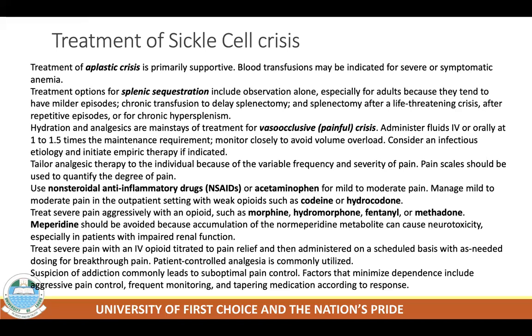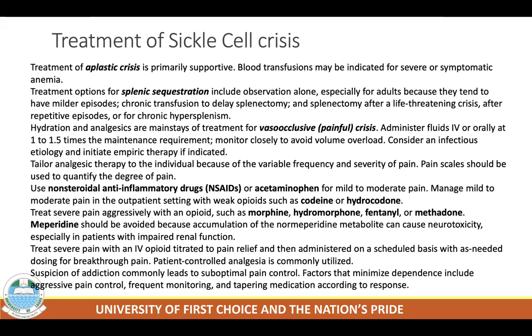Pentazocine, yes. Pentazocine is commonly used, right? IV pentazocine. And IV tramal is also available for use for pain relief. And they are administered on a scheduled basis with as-needed dosing for breakthrough pain.